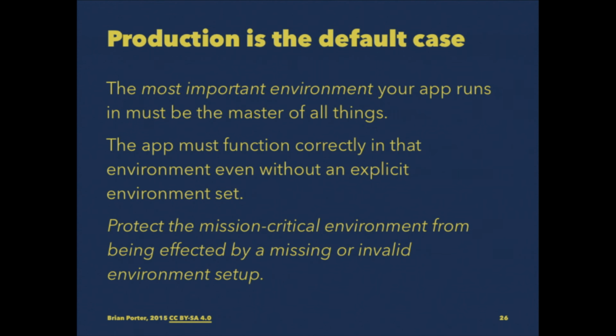If we forget to set up whatever mechanism it is that controls which environment our app runs in, it should not affect production or whatever your most important environment is. If you're going to have anything that fails, let it be QA, let it be development, let it be staging, let it be something else, but not the thing that's probably driving revenue.